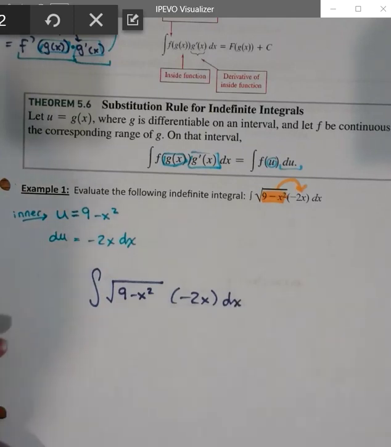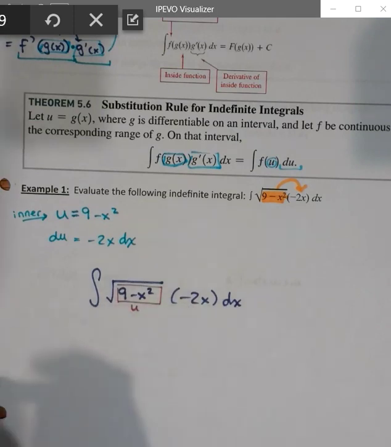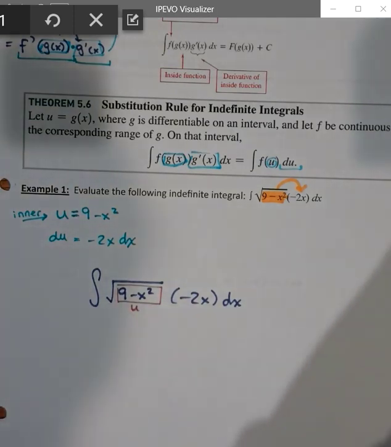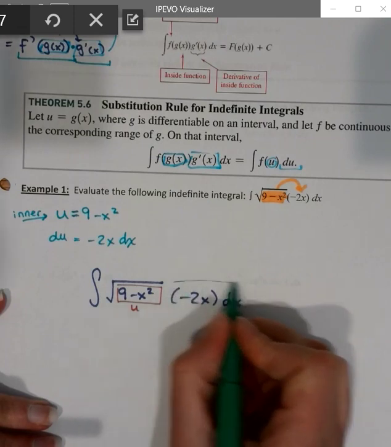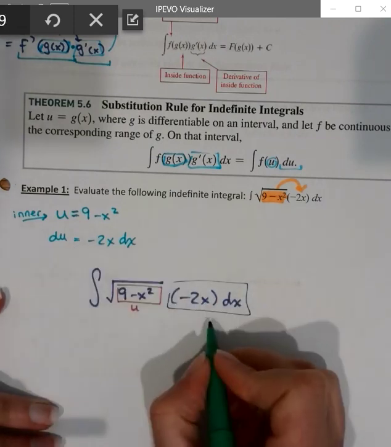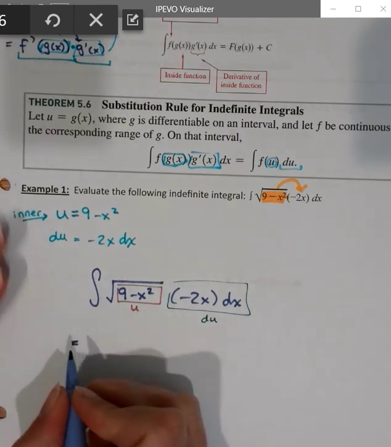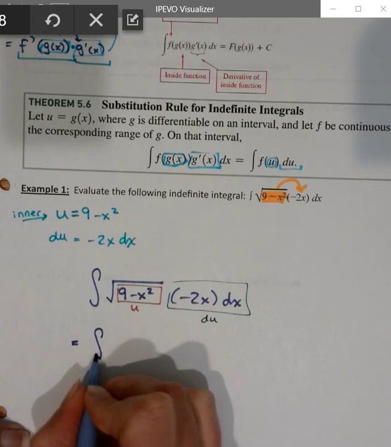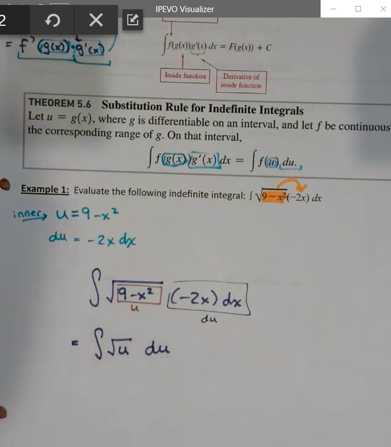Okay, so in that original, we can actually replace the inner function here with u, and we can replace this entire outer product with du. So if I do that substitution, this is the substitution step, that's why it's called U substitution. I turn this into the integral of the square root of u du.